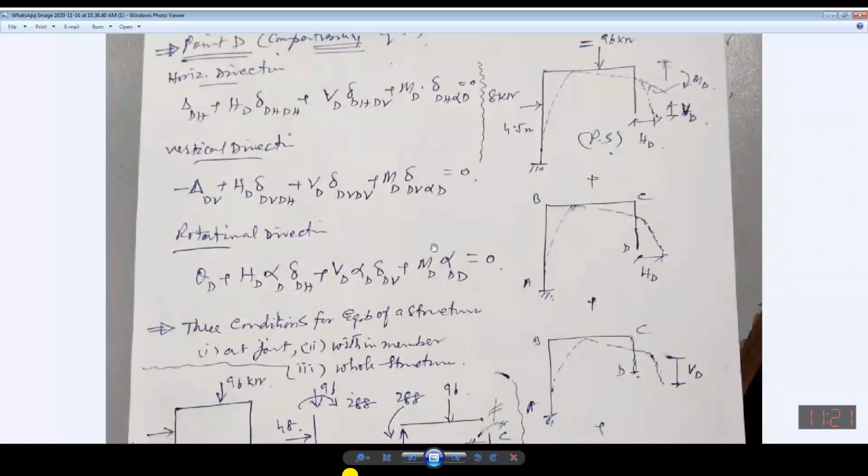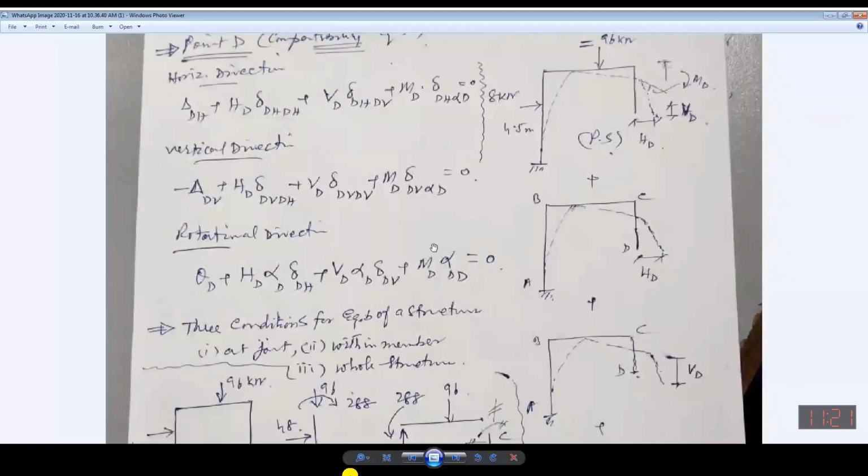So these three compatibility conditions will give you three equations, and these three equations will be solved simultaneously, and ultimately you will get all the relevant parameters.